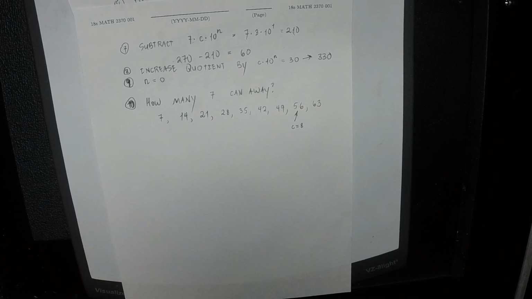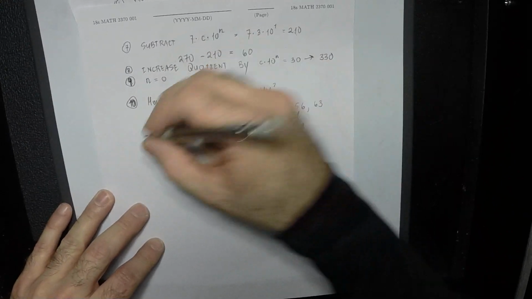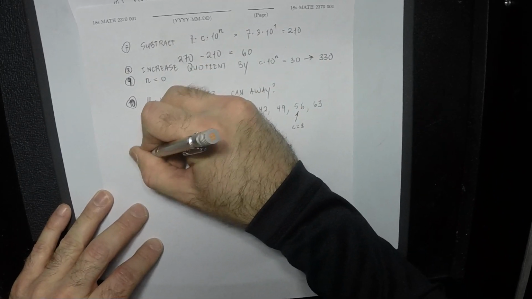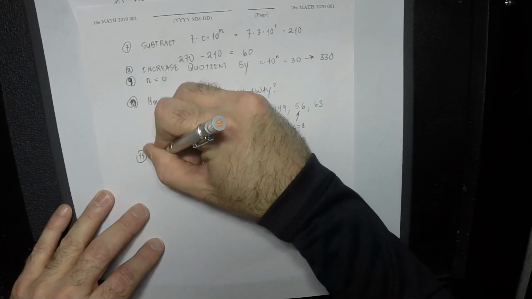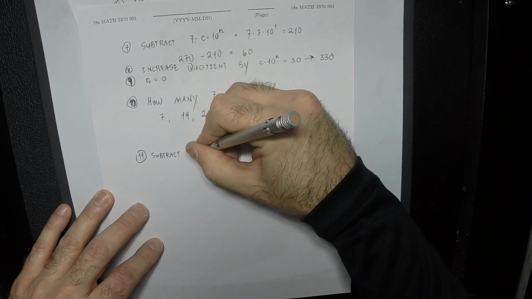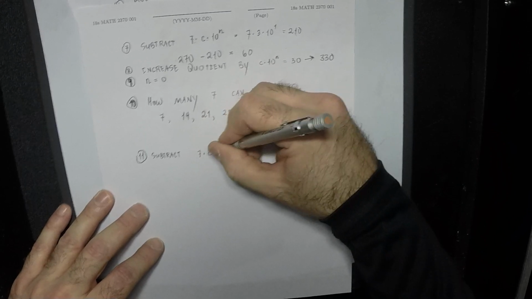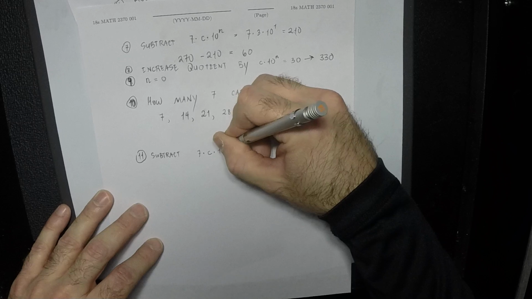So then what do we need to do now? We need to subtract 7 multiplied by C multiplied by 10 to the exponent n.